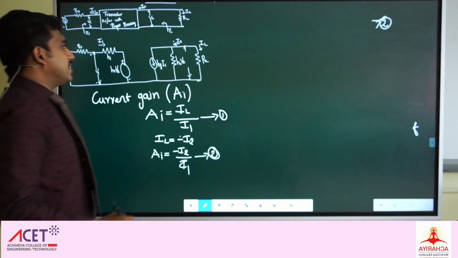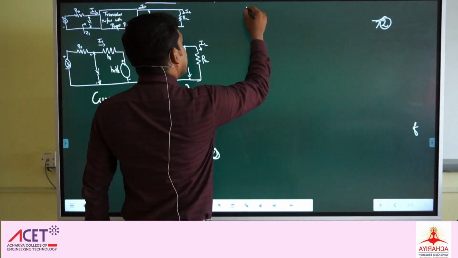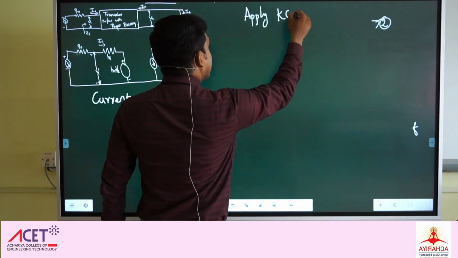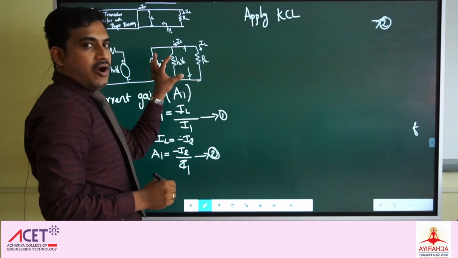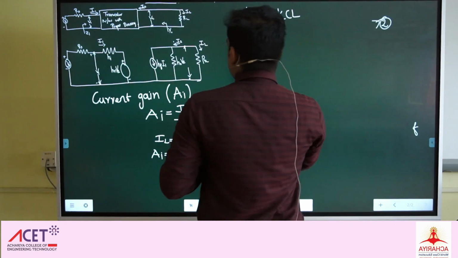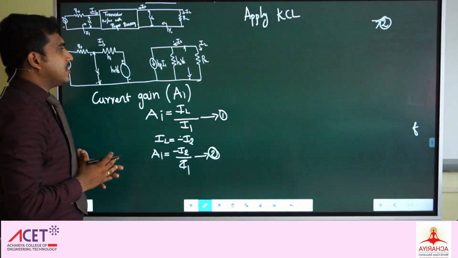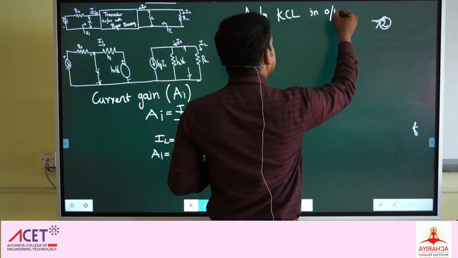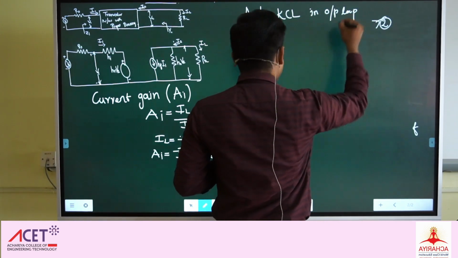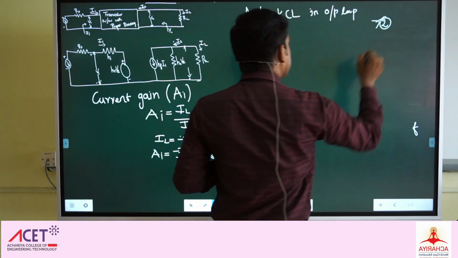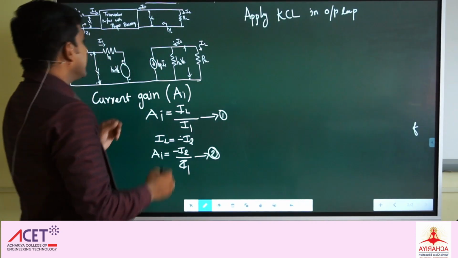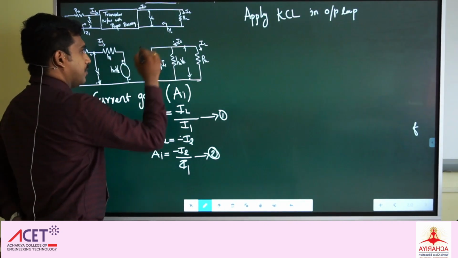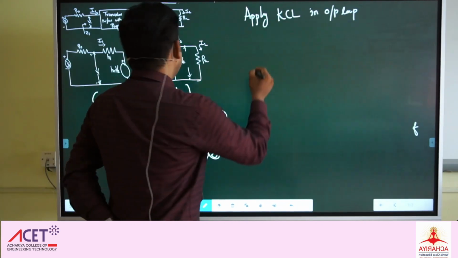Now the first step is to apply KCL, Kirchhoff current law, in the output loop. How can we apply Kirchhoff current law in the output loop? Here this is the incoming current, these two are outgoing currents in this particular node. Now we can apply easily.